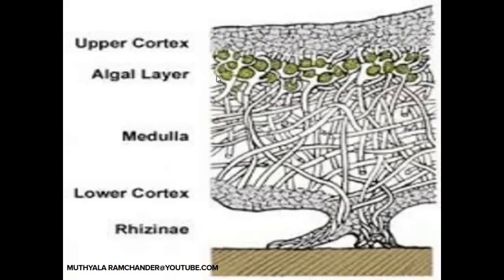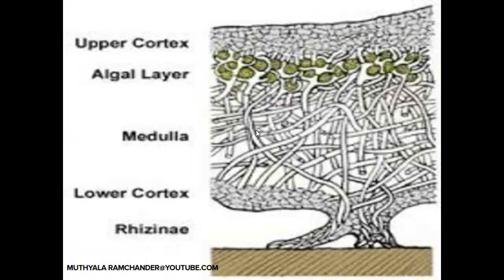It is specific only for algae. Cyanophyceae algae like Nostoc and Anabaena, blue-green algae, are present in this zone. They are mainly exposed to sunlight and prepare food material by photosynthesis. Below this algal layer, the medulla is present.